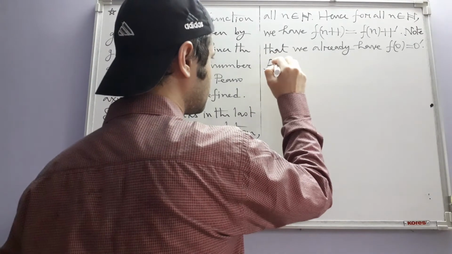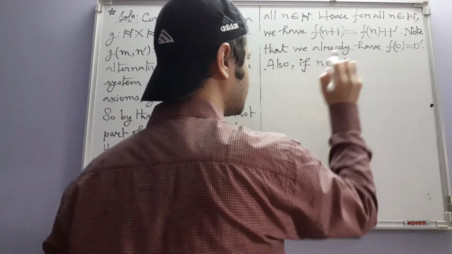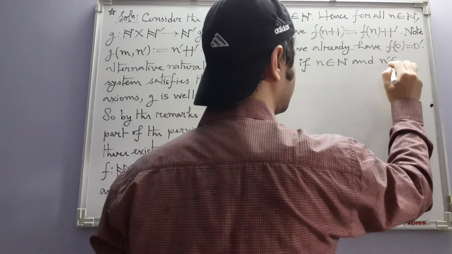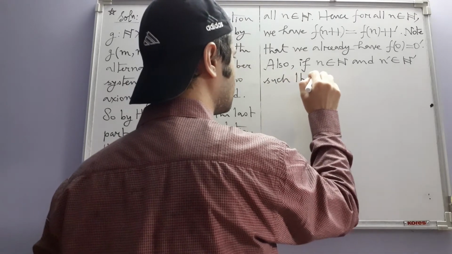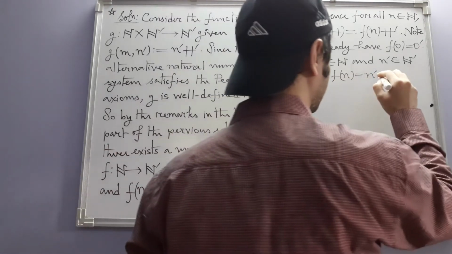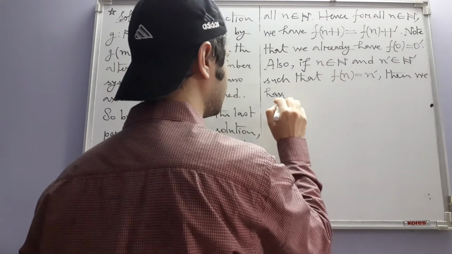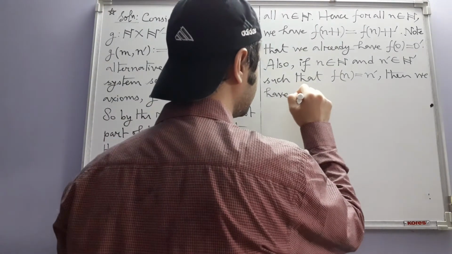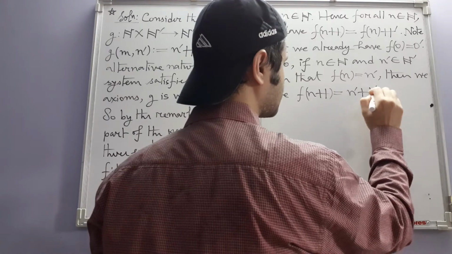Also, if n is a natural number and n prime is an alternative natural number such that f n is equal to n prime, then directly from this equation we have f of n plus plus is equal to n prime plus plus prime.